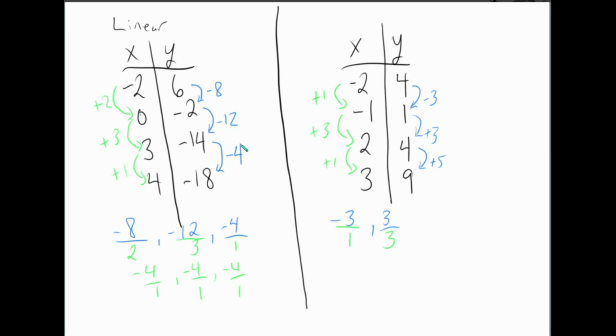My last change of y was an increase of 5. Corresponding to the change of x for that interval is a change of positive 1. Alright, now looking at all these, it's easy to see that they are all different ratios. They do not simplify to be the same ratio, so that means this is going to be a non-linear function.